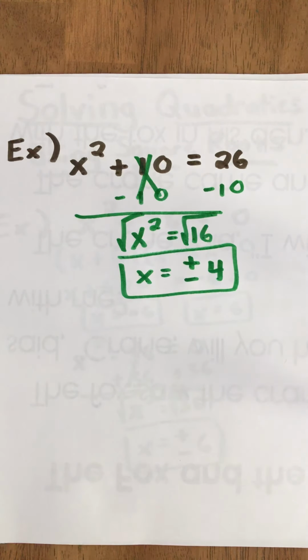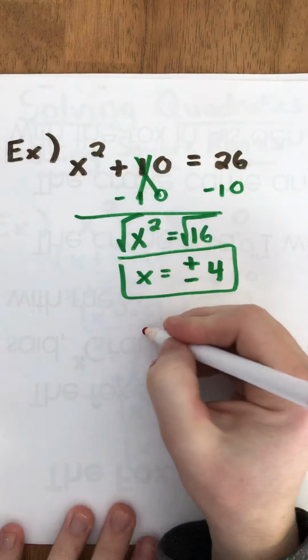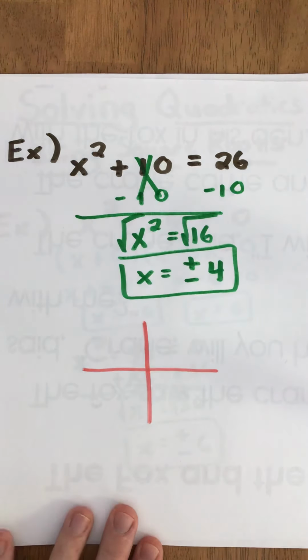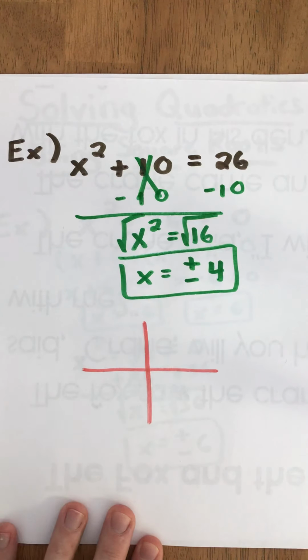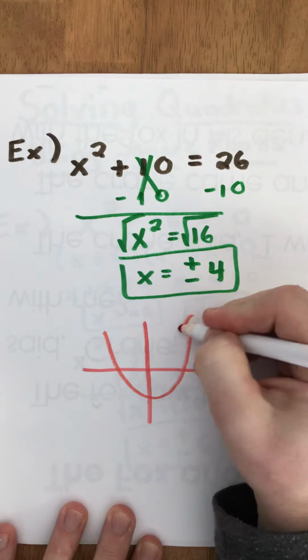So I think this method's a little bit easier, a little bit more straightforward, but I'll let you guys be the judge of that. All right, one final example I want to show you, because we've gotten kind of used to solving these quadratics and getting two different roots each time, which does happen a lot. If that happens, that means that in this particular example, our parabola probably looks something like this.